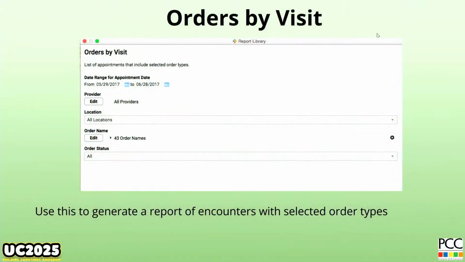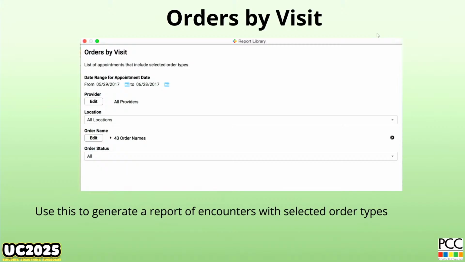All right. Okay, so I talked about these communication reports. Orders by visit. This is a really, really useful report for getting a list of orders, or any order type that you've given in a particular time period. And you can filter it by status, obviously by order name.